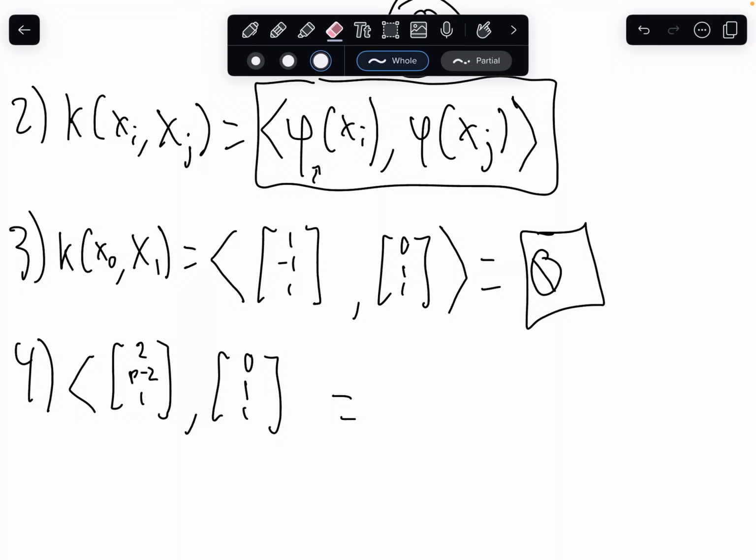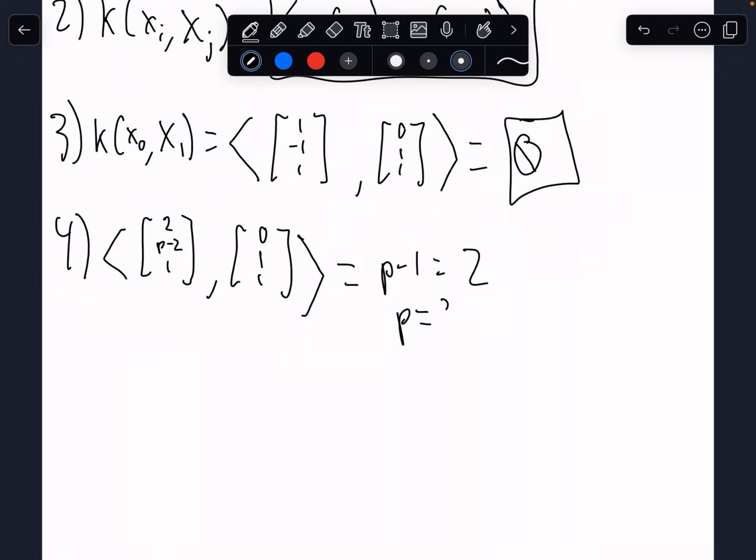So 2 times 0 plus p minus 2 plus 1, so it's going to be p minus 1 equals 2. So p equals 3.